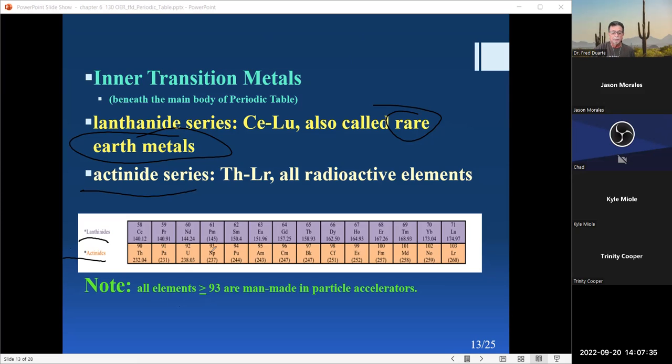You can notice their atomic weight is in parentheses. In fact, anything greater than or equal to element 93 are all man-made and very radioactive. They put them in particle accelerators to make them. So, man-made elements. And like I stated, there are a group of scientists that are still working to make elements greater than 118.